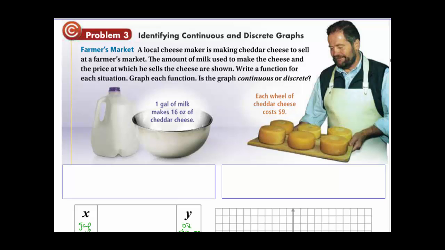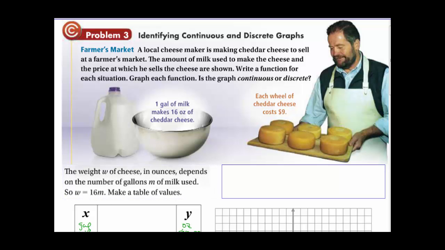So the one thing to look at here is that you can have so many gallons of milk, and each wheel. It doesn't talk about a wheel and a half or a wheel and a quarter. It just mentions each wheel. So notice the weight of cheese in ounces depends on the number of gallons of milk we use.